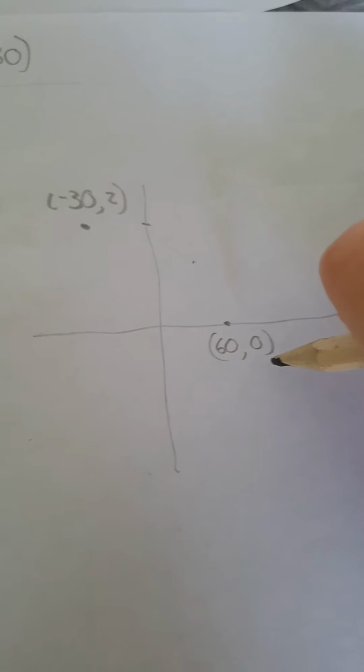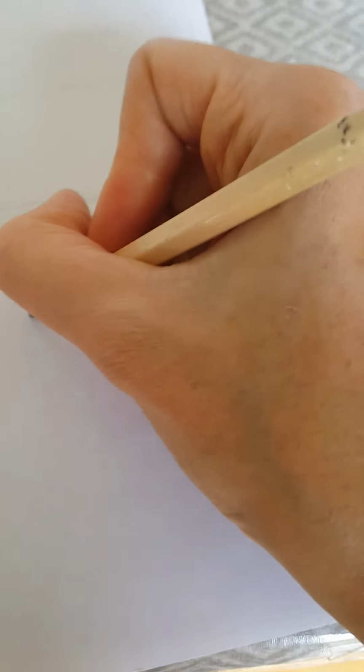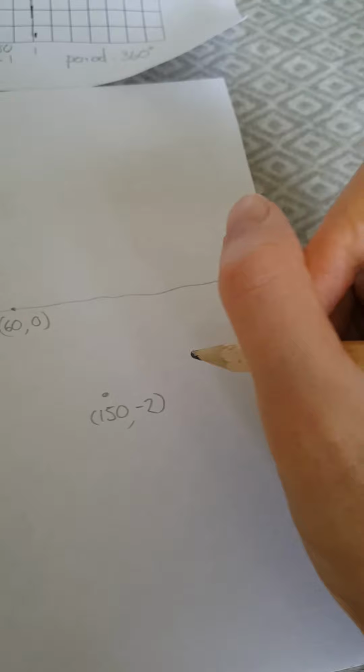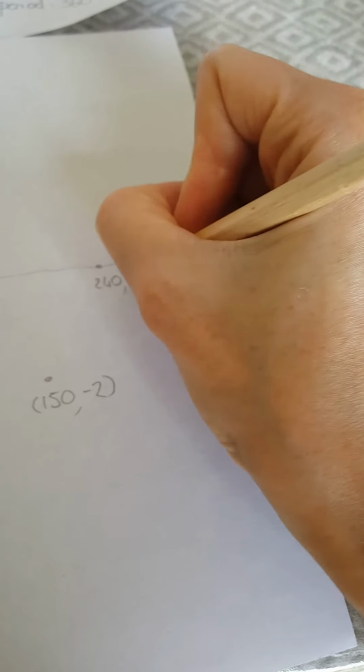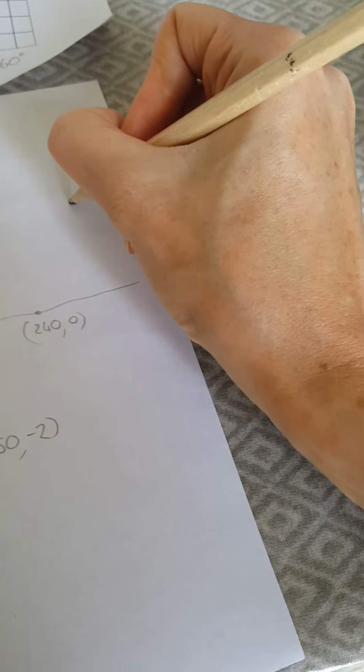Okay. Instead of having a minimum at 180, minus 1, it's going to have a minimum at 150, minus 2. Minus 2, and then it's 240, 0. Okay, and finally 330, 2.